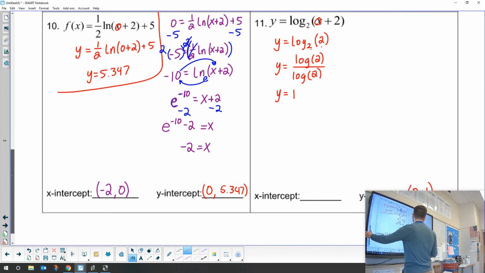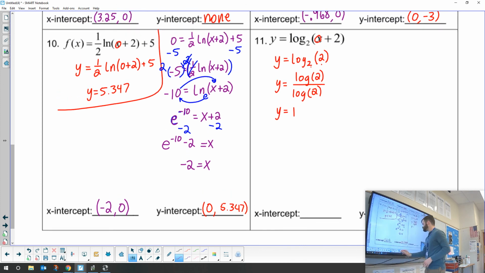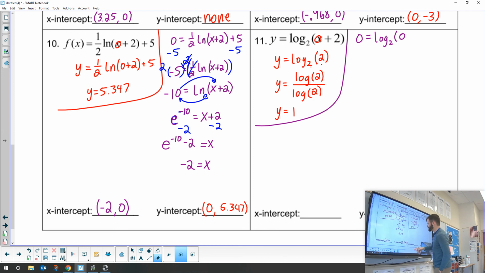Okay? All right, what about my x-intercept? So let's go back up here. Let's find my x-intercept. To do that, we need to make my y 0. So we're going to go 0 equals log base 2 of x plus 2. All right, then we're going to rewrite this. We already have my base, so I'm going to go base 2 to the power of 0 equals x plus 2. 2 to the power of 0.